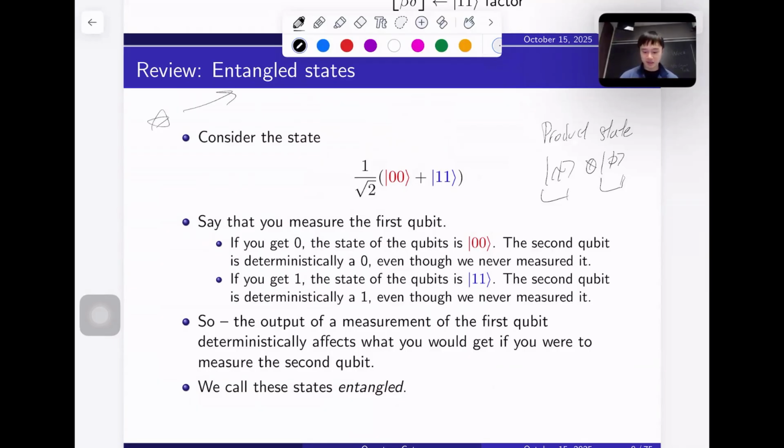We talked about how when you measure one qubit in this entangled state, you automatically know the state of the other qubit. You can read this if you forgot what we talked about last time, but basically there's some correlation between the qubits. Is this good for everyone? This is a bit more complicated, so if you have any questions, let me know.